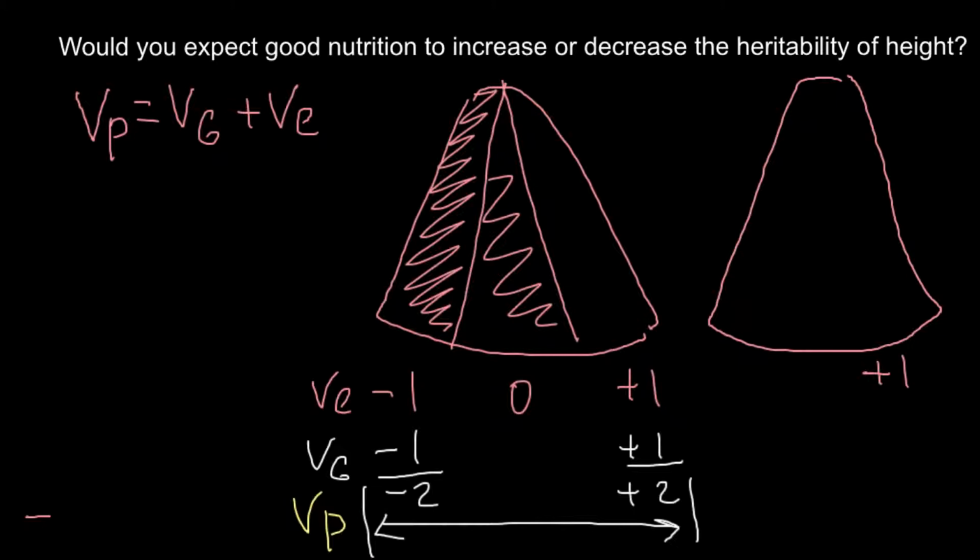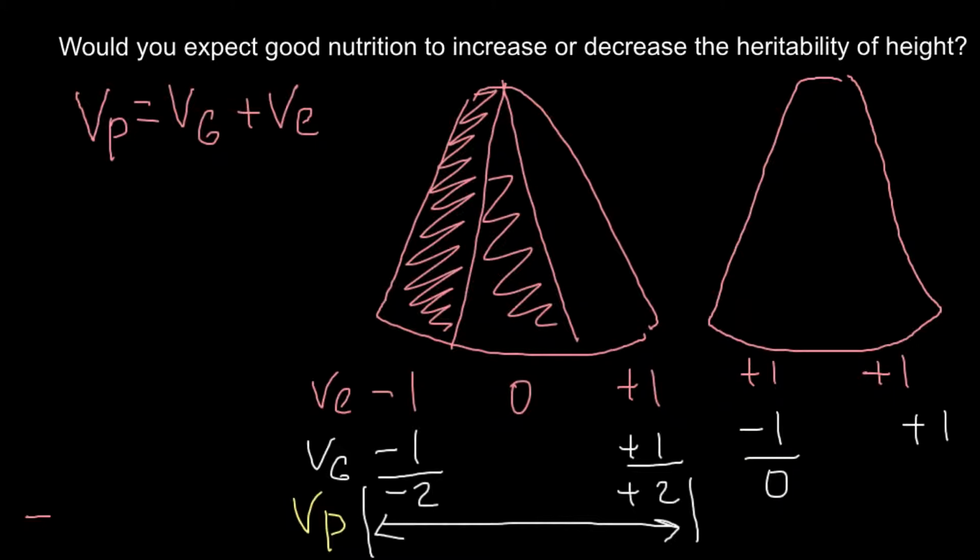But still we have the same variance for genetics of the plants that we grow here. So the variance would be the same, -1 and +1. And what can we get here? At worst we can get +1 and -1, which gives us 0. Total would be 0.